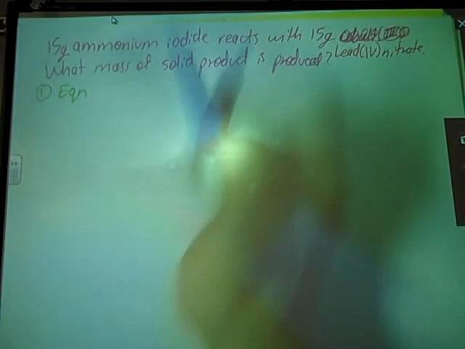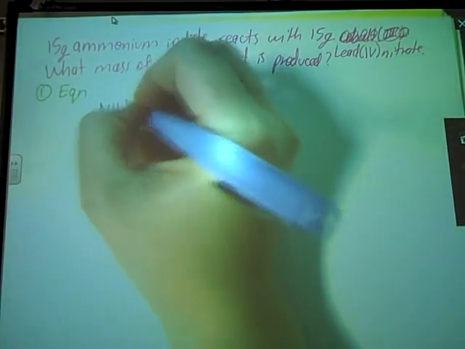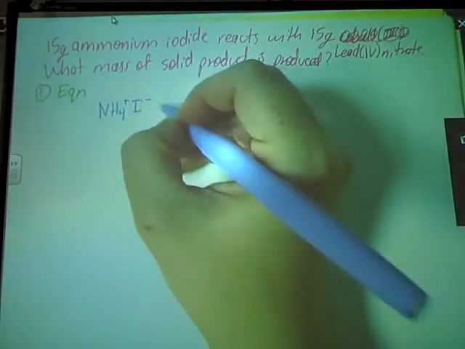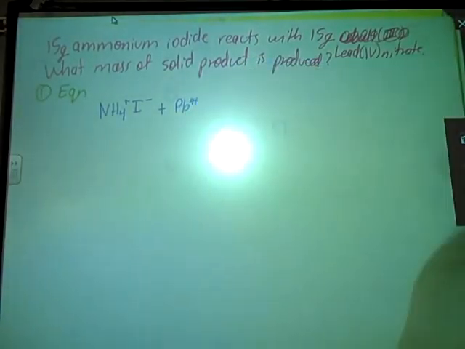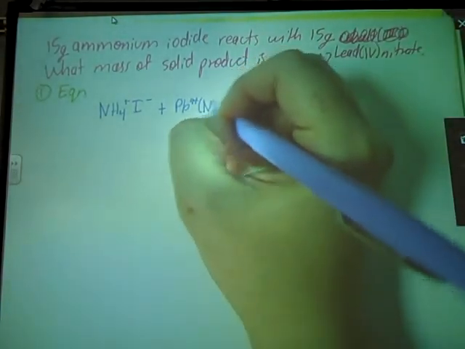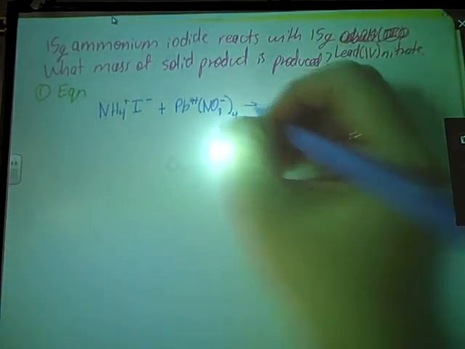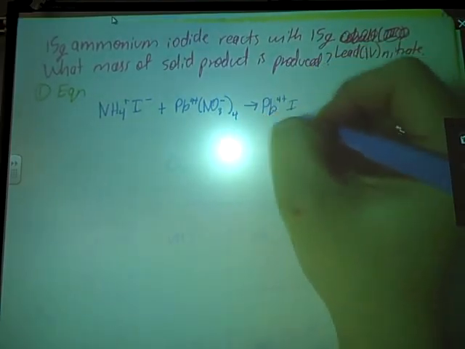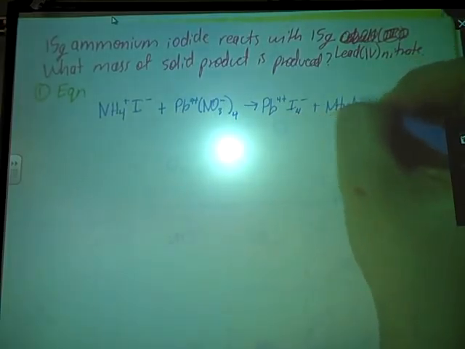So ammonium iodide, +1 -1 check, reacting with lead 4 nitrate, +4 -1, is going to yield lead 4 iodide and ammonium nitrate.